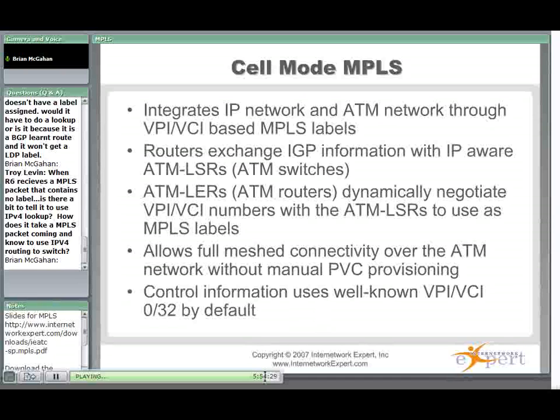Okay, the payload can be IP version 4. It can be a frame relay packet. It can be an ATM cell. So a lot of different things that we can encapsulate inside of MPLS. We'll talk a little bit later in the week about any transport over MPLS, which is encapsulating stuff like ATM and Ethernet over MPLS.